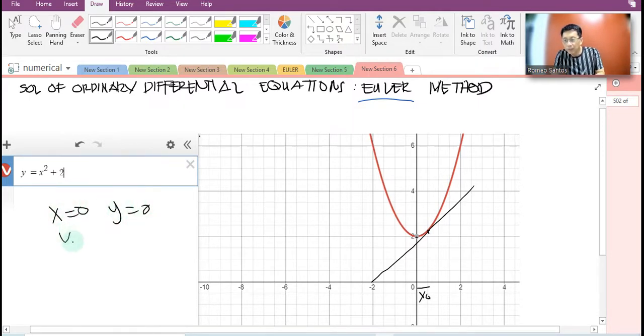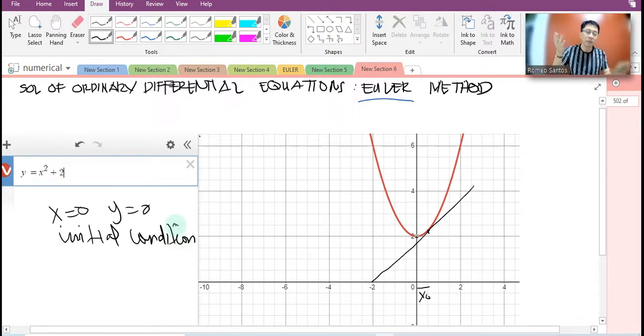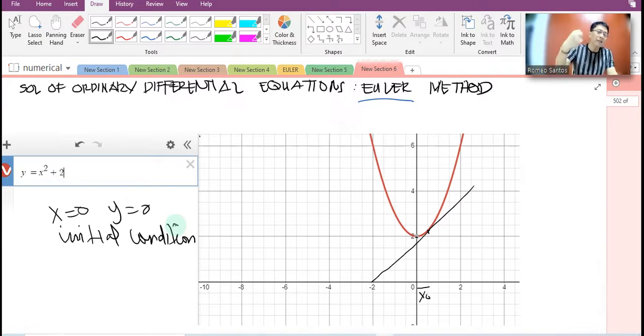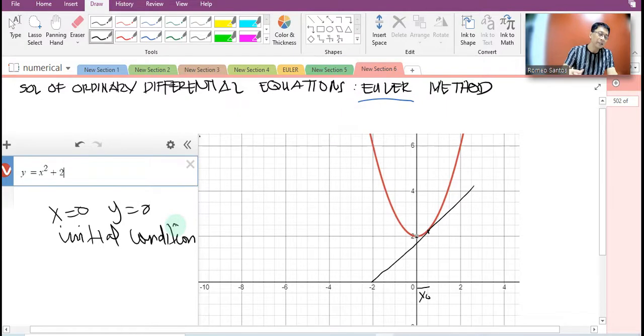This is the initial condition. Like my example earlier, when the car starts at rest, the time is 0, the distance is 0, and the velocity is 0. So those are the initial conditions.